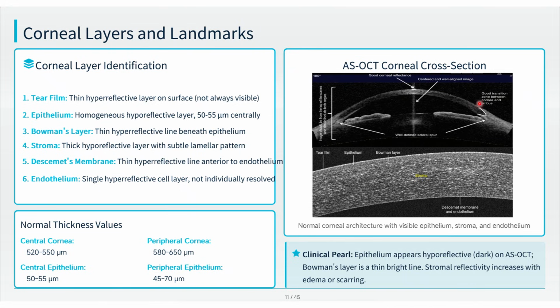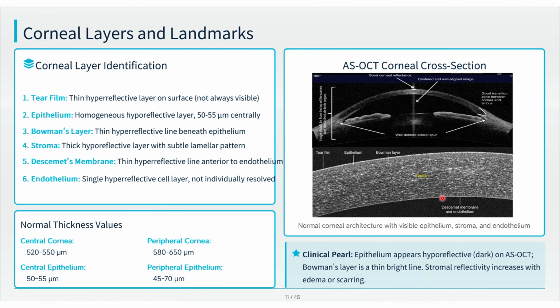Another important structure: you can see this is the corneoscleral junction, in which the cornea is inserted in the sclera, and accordingly we will determine the scleral spur. This is a high resolution image of the details of the cornea. The first layer is the hyperreflective layer of the tear film, followed by the hyporeflective layer of the corneal epithelium. Then the reflectivity keeps on increasing through the stroma, and then to Descemet's membrane and endothelium.